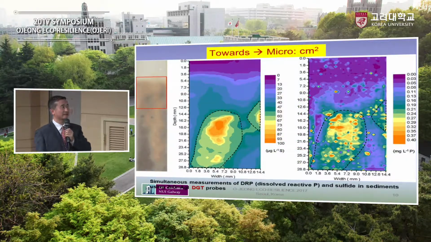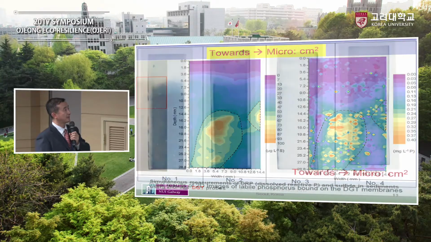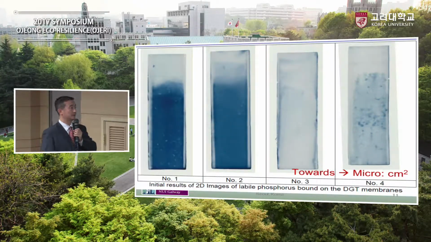Perhaps many of you have never seen this. That's a very micro-scale variation, at a sub-millimeter level. We get the variation of chemicals, specifically phosphorus and sulfur. And this is another way for us to get the variation map.